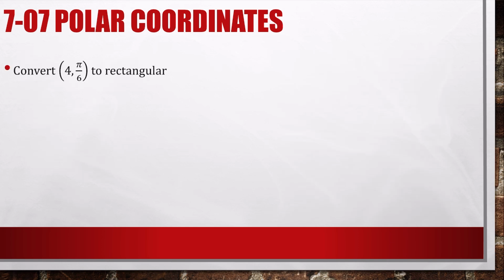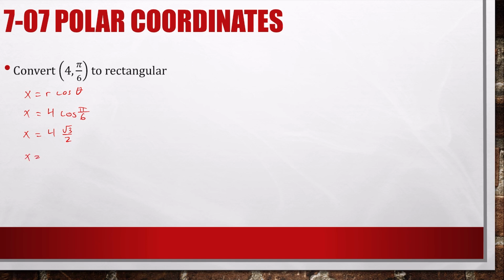So let's convert (4, pi over 6) to rectangular coordinates. It's polar, so we're going to rectangular. So x equals r cosine theta. So that'll be 4 cosine of pi over 6. Cosine of pi over 6 is square root of 3 over 2.